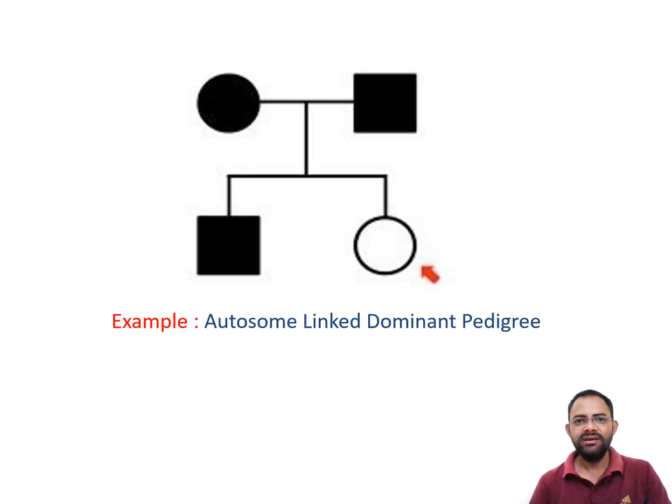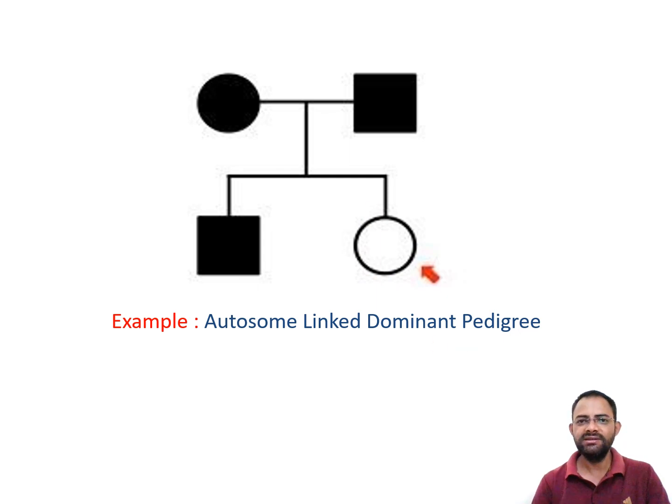Now let us see an example of the autosomal linked dominant pedigree. Look at this pedigree chart. In this pedigree chart, the traits don't skip the generations, meaning they are present in both generations. And the important thing is that here both the parents are affected, but they have one unaffected child, which shows the autosomal linked pedigree.